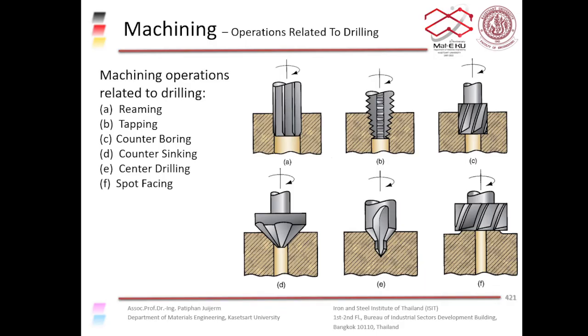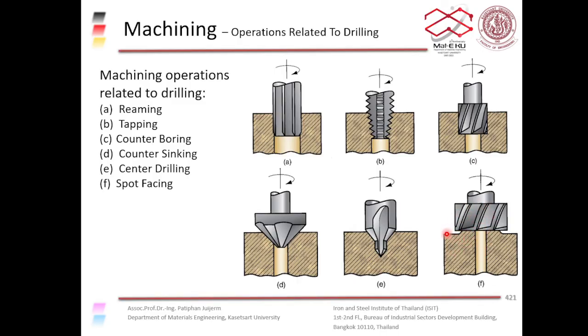Okay, the next drilling process is called spot facing. It is very similar to milling because it is used to provide a flat machined surface on the workpart, right? But the difference between spot facing and milling is that it is very localized.